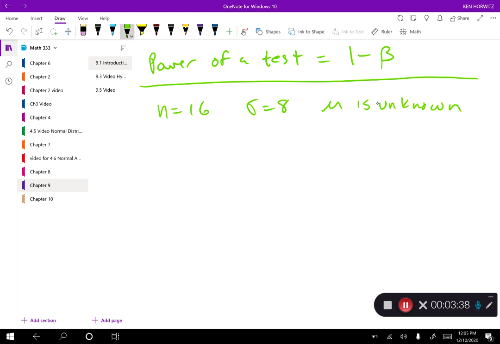Let's say we decided that our null hypothesis was that mu equaled 75, and our alternative was that mu didn't equal 75. So right off the bat, we know it's a two-tailed test. We're going to come back around to that in a little bit.